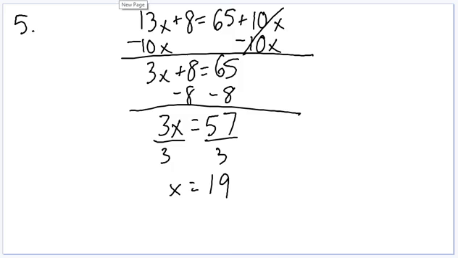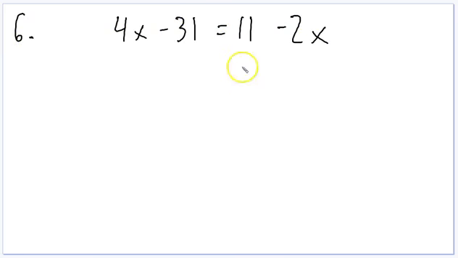Moving along. Number 6. We've got 4x minus 31 equals 11 minus 2x. All right. So keep in the spirit of keeping the variable positive, I'm going to add this 2x over here.